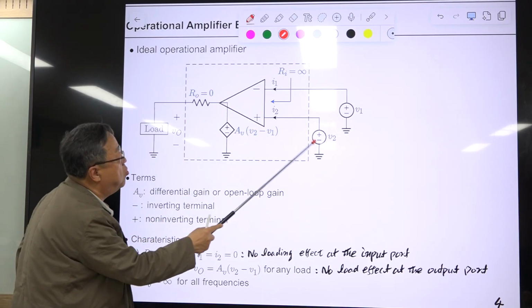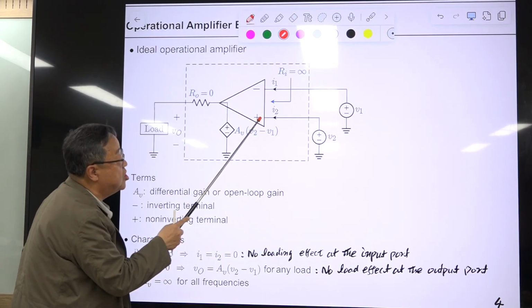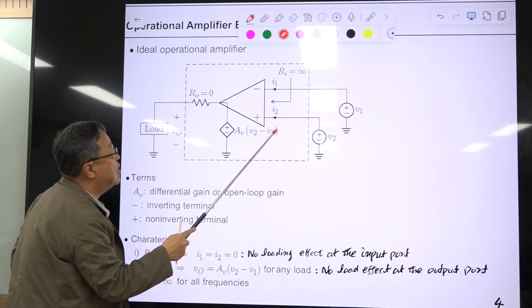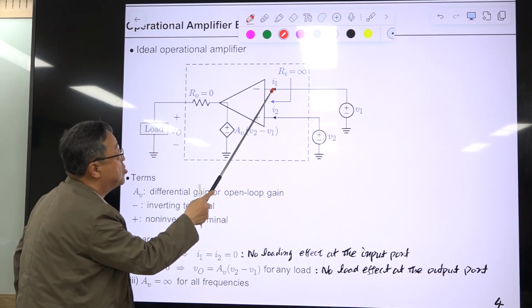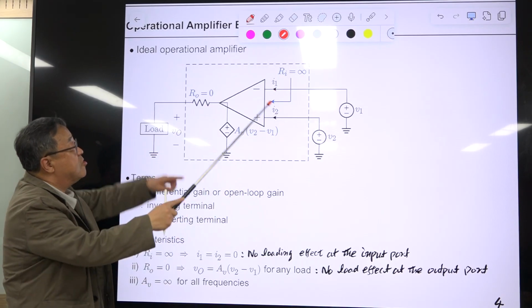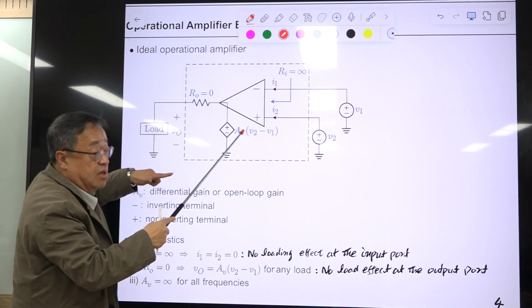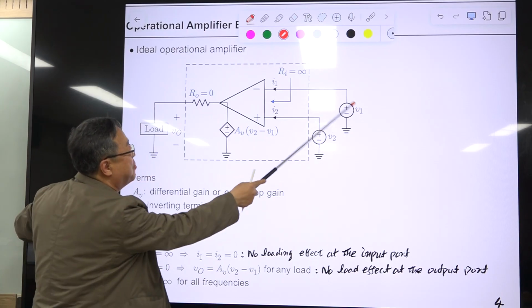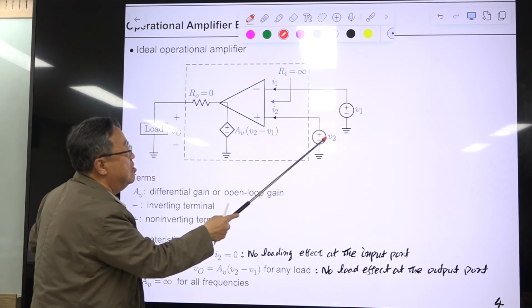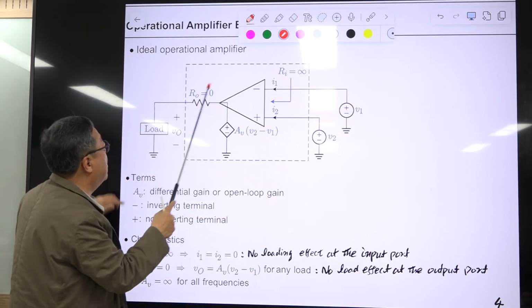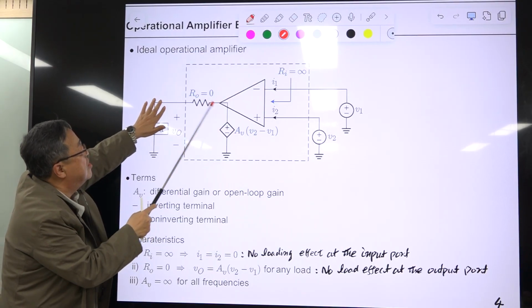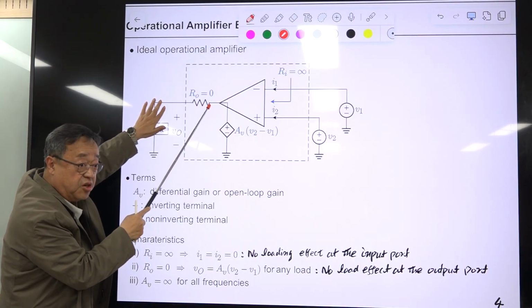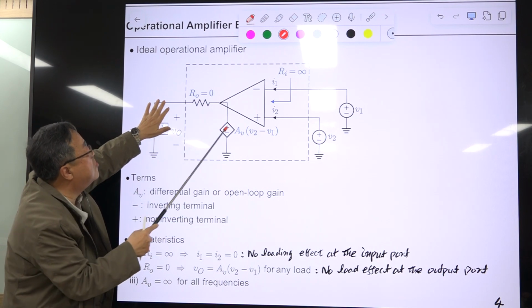V2 is the voltage applied to this non-inverting terminal, and V1 is the voltage applied to the inverting terminal. Right. So there is an ideal OPM device. Then you connect this voltage here, and there is an internal resistor which is 0. Then this voltage will come out here.